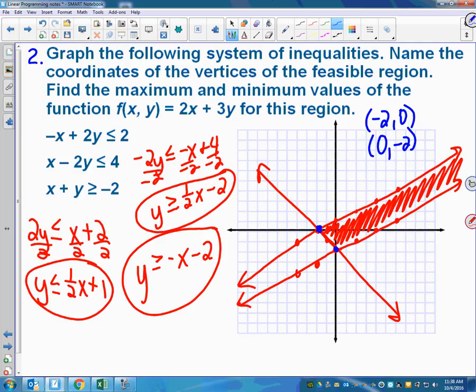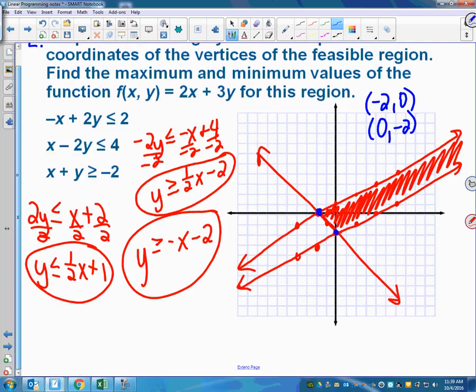Notice I haven't even looked back at this function yet. Do not ever try to graph this function, because that's not what it's for. That's just what we're trying to maximize or minimize here. So now given these 2 points, I'm going to plug them into this equation and see what I get. I'm going to come down here, and I just like to write it the way that they do it.